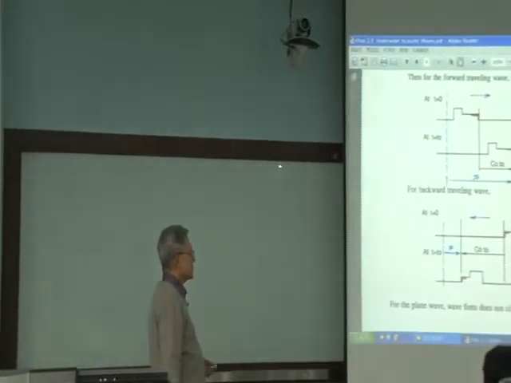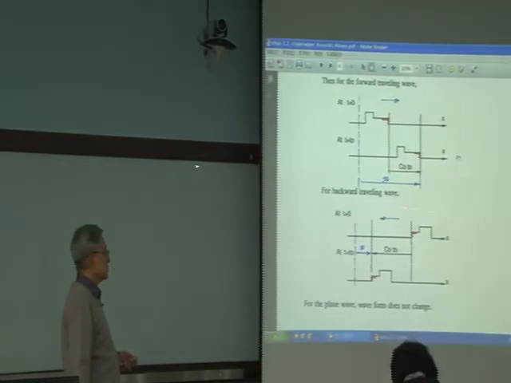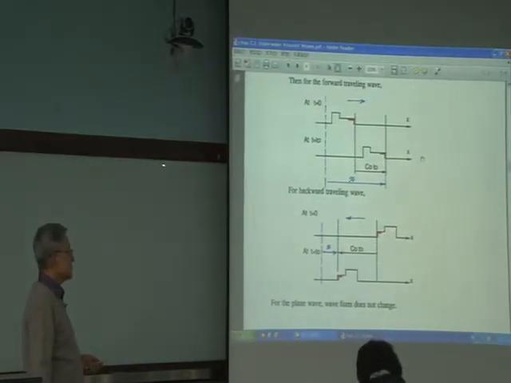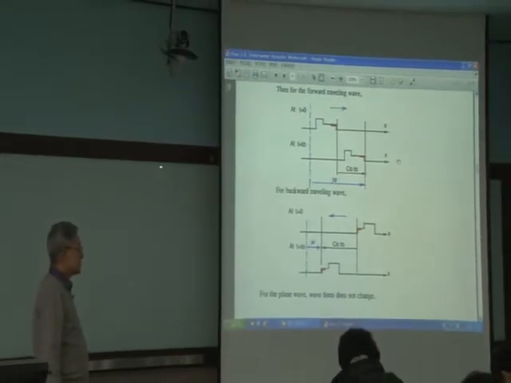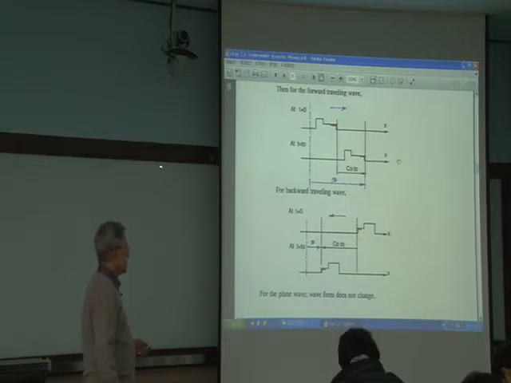And for the backward traveling wave, that means the wave is moving in the backward, the minus x direction. So from the original reference position to the final position at x, to get it back from the t naught position to t equal to 0, you have to add c naught t naught to x.